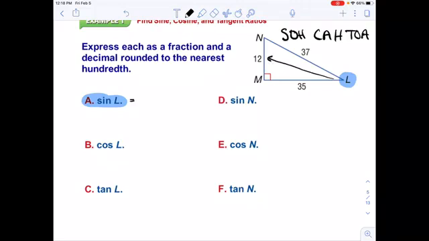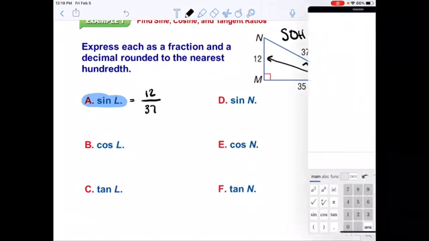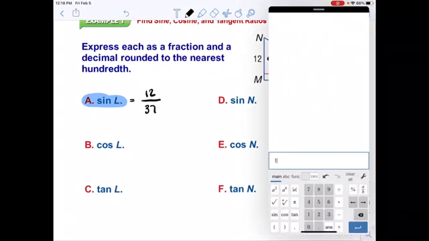Opposite's the one across the way, over hypotenuse, which is 37. Now we need to write that as a decimal, so we take 12 divided by 37, and nearest hundredth, that is 2 decimal places, 0.32.